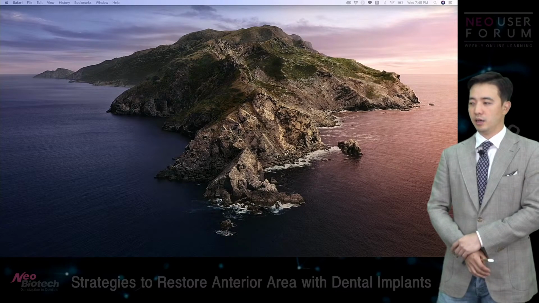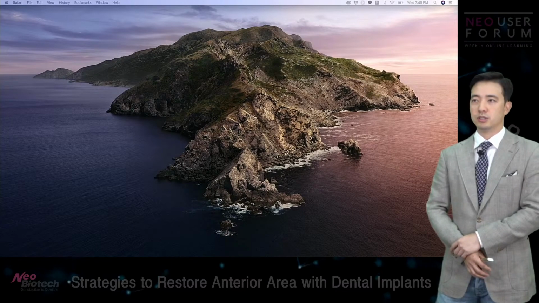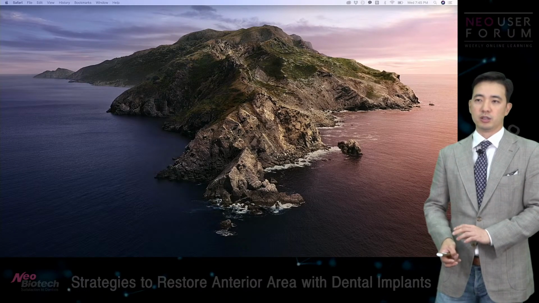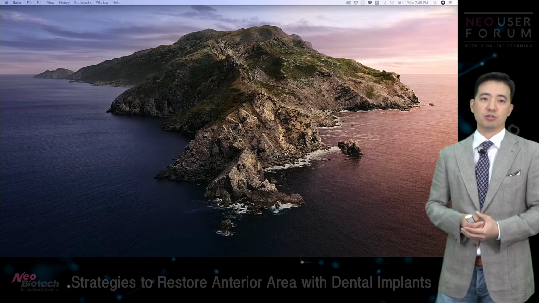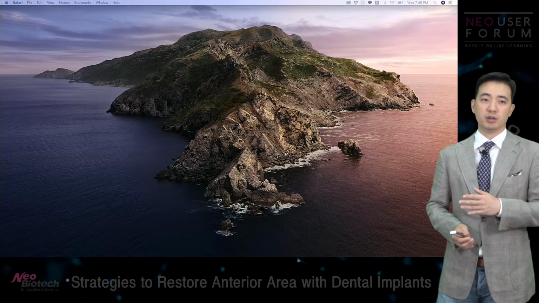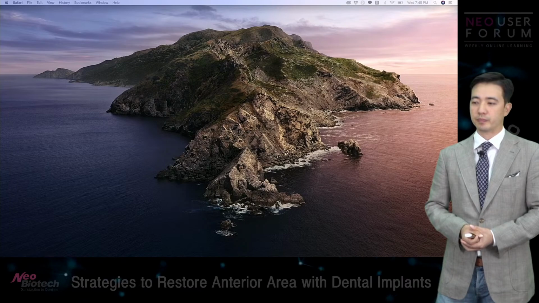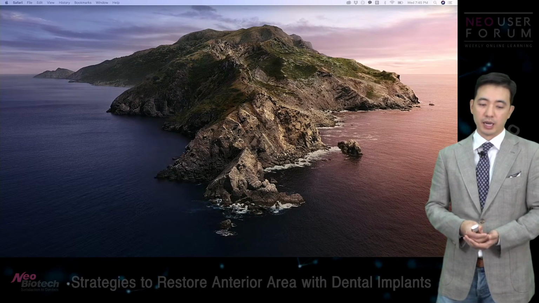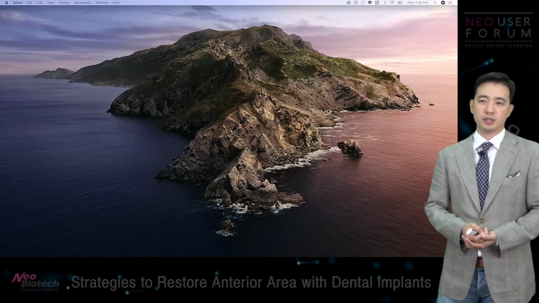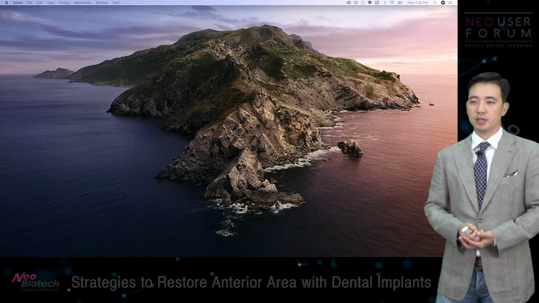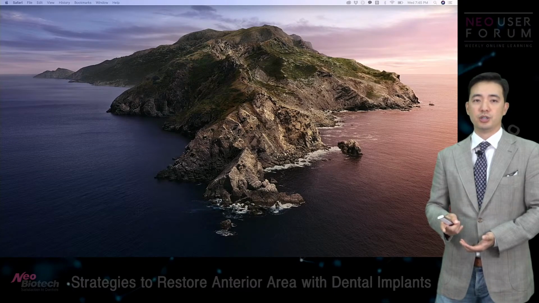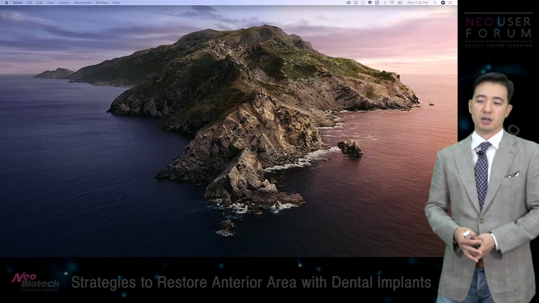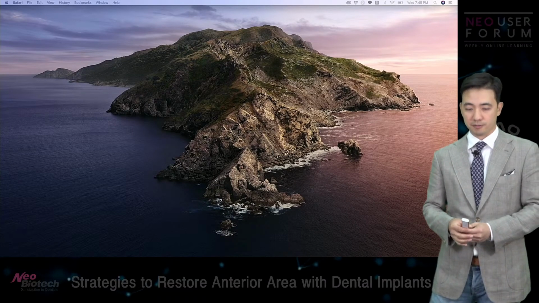So when you say predictability, what you can predict is that when you extract the tooth with thin bone, you're going to lose that bone no matter what. So you have to do GBR and soft tissue grafting. It's necessary, right? If you have an option to avoid that, then why not take that option? Okay, so that's my answer. Thank you very much.